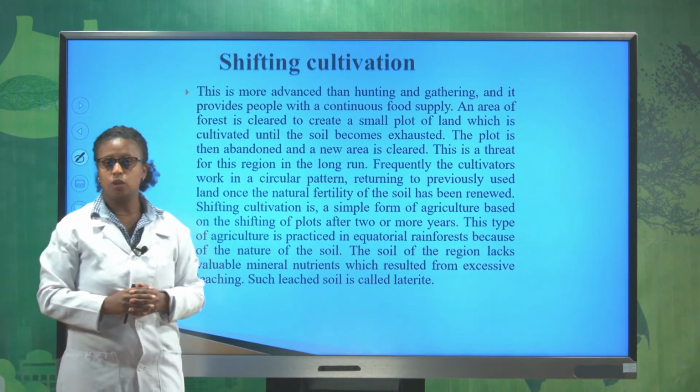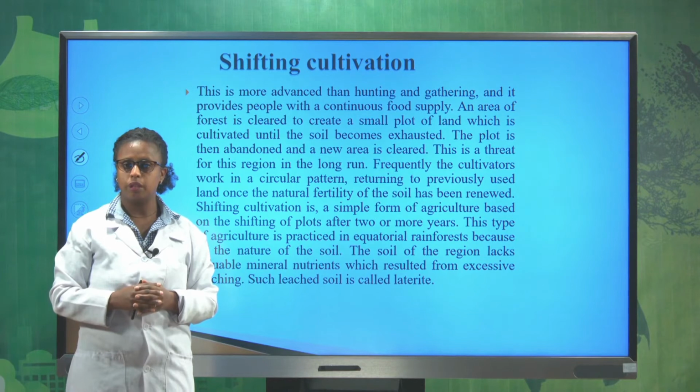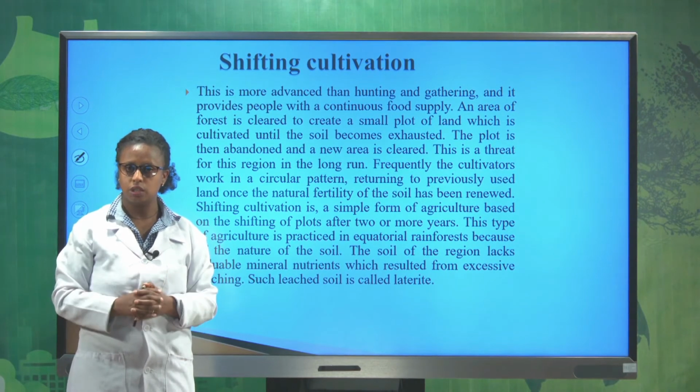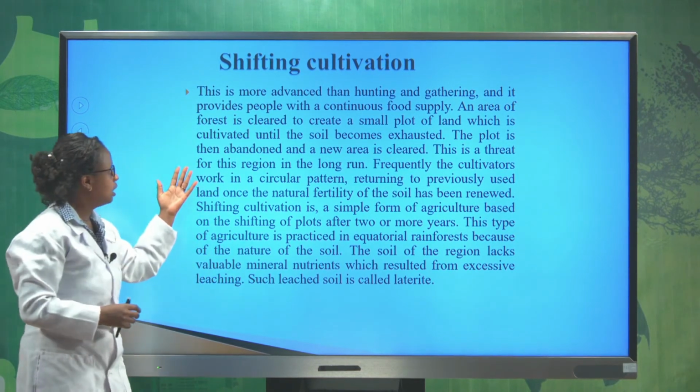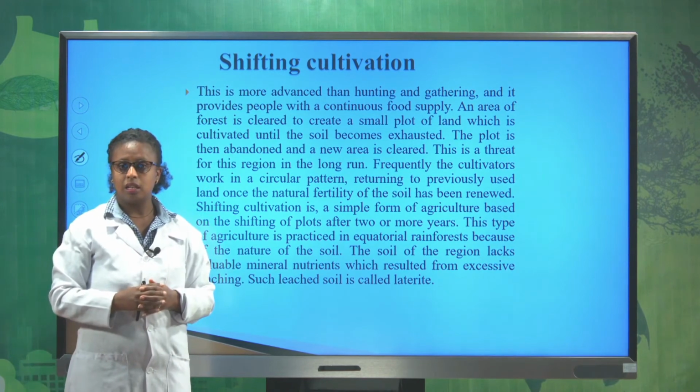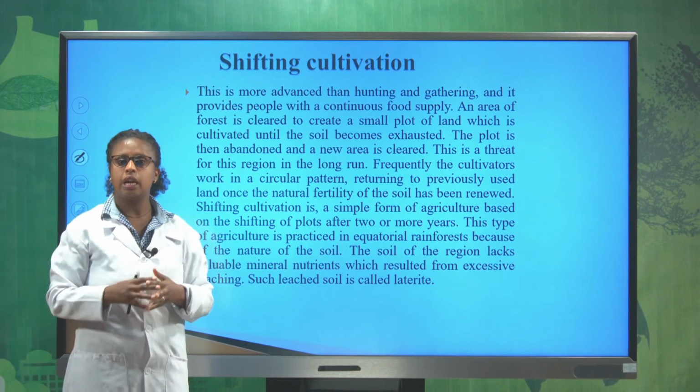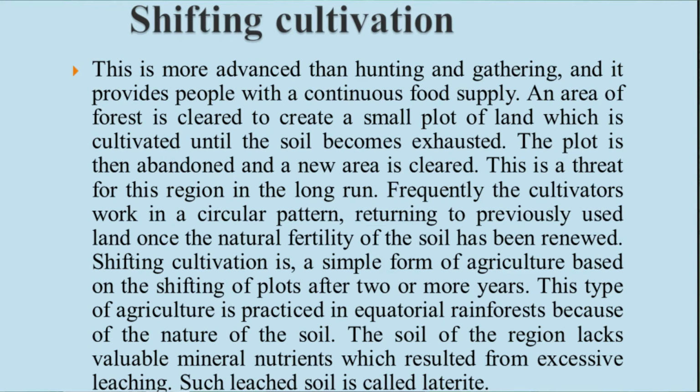Shifting cultivation is another activity of the people living in the equatorial rainforest region. It is a relatively more advanced activity than hunting and gathering because it ensures a continuous food supply for the people.